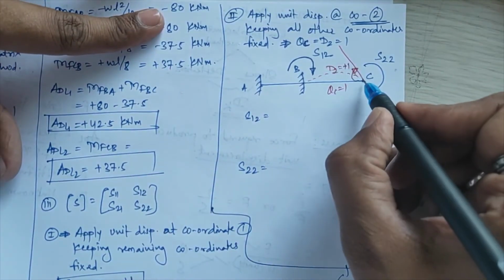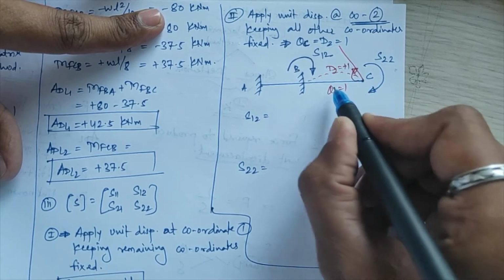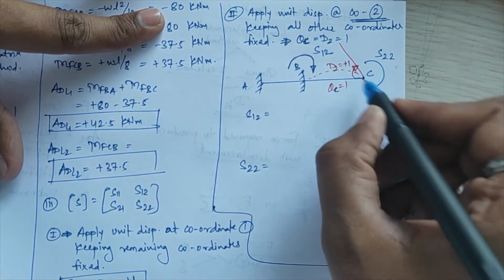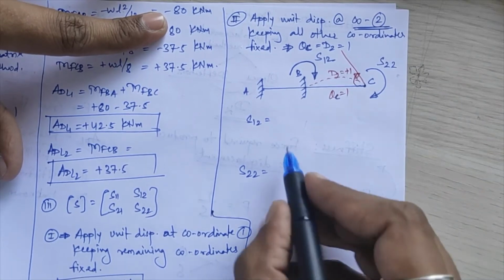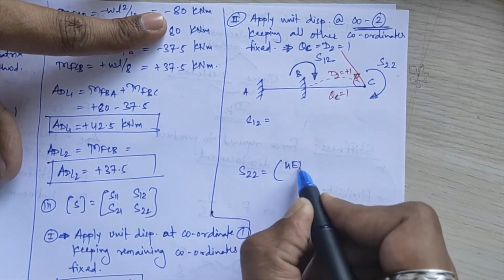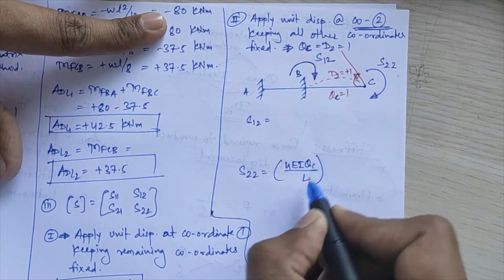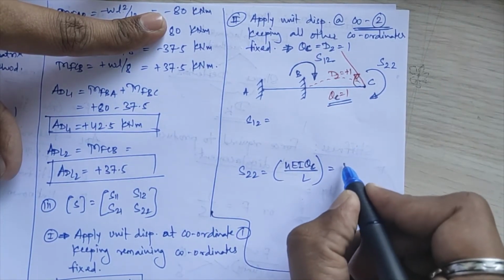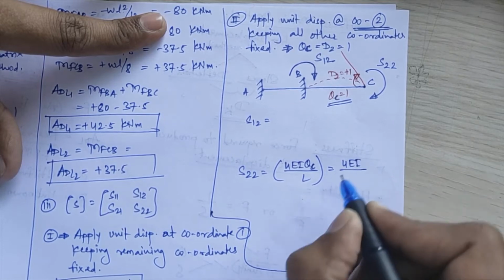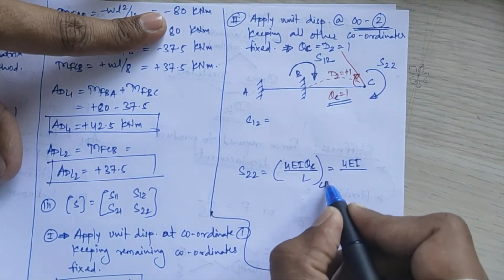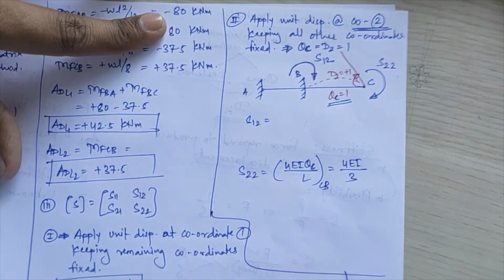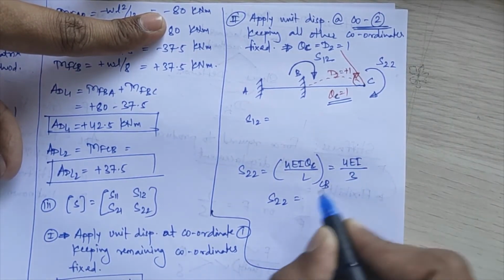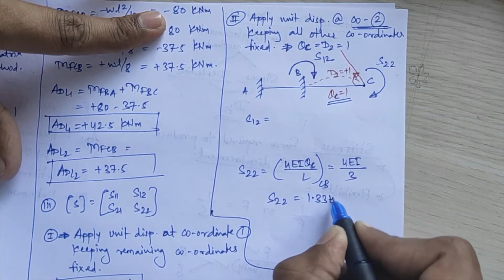You are applying unit displacement at your second coordinate and this moment is also acting at the second coordinate, so this will be treated as your near end. So that moment will come as 4 EI theta C upon L, but theta C is equal to 1 here. So simply I will get 4 EI upon L, where L is for member CB, that is 3. So S of 2, 2 I am getting equal to 4 by 3, that is 1.33 of EI.